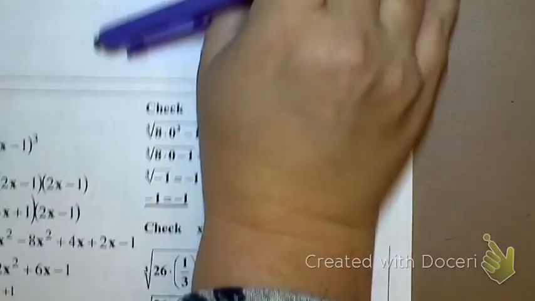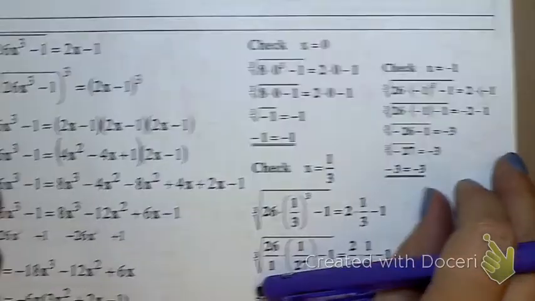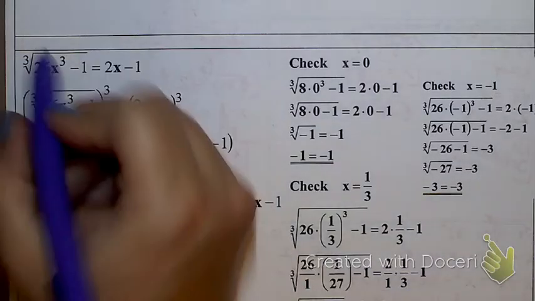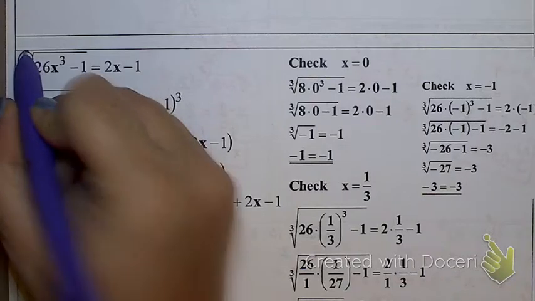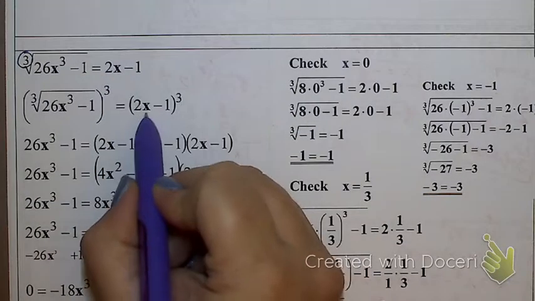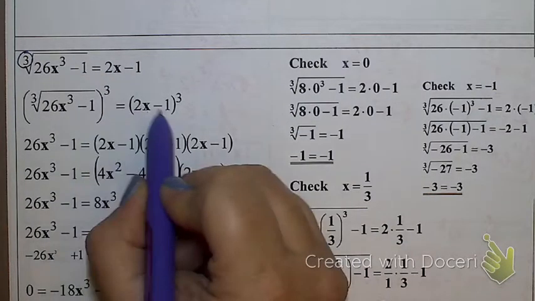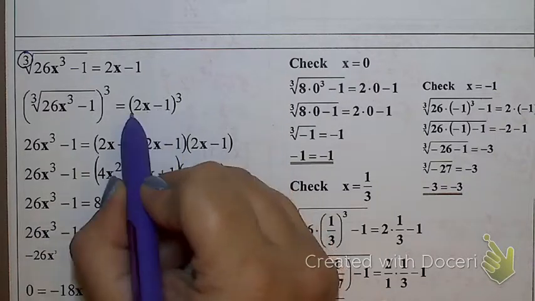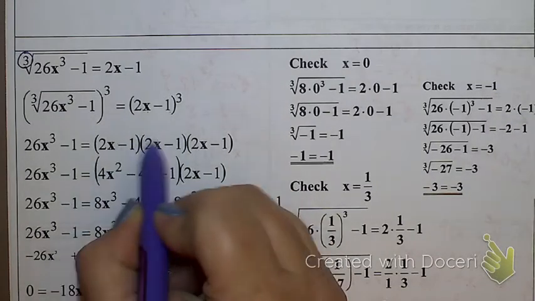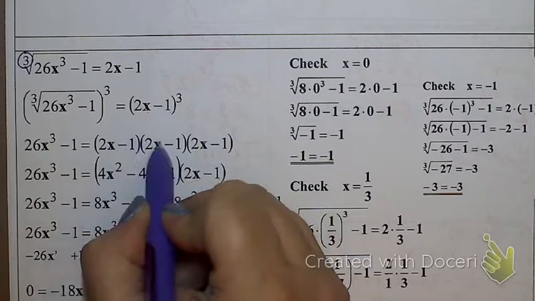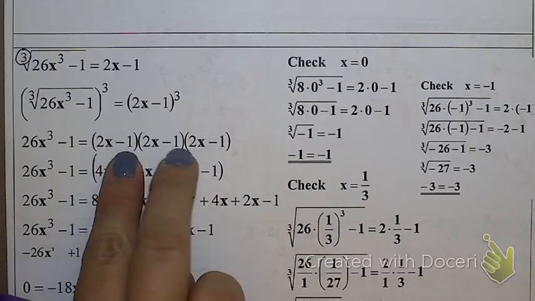There's 2 problems on the back, one of which is solved for you, so let me talk to you about this one first, because it's very similar to the one that we just did. The difference is that this one has a cube root. So instead of squaring both sides, you're going to cube both sides. Now when we squared both sides, we just had to FOIL something. When you cube this side, you actually have to multiply it 3 times.